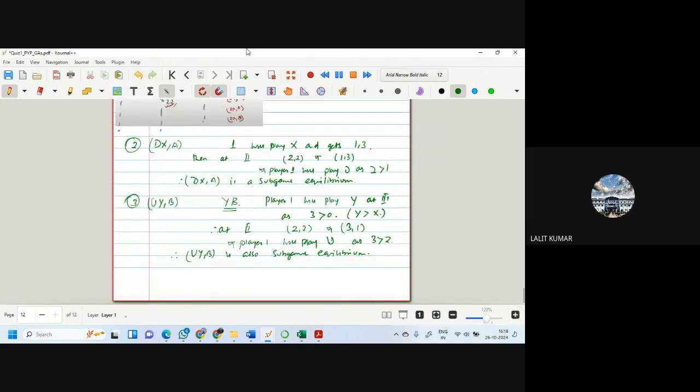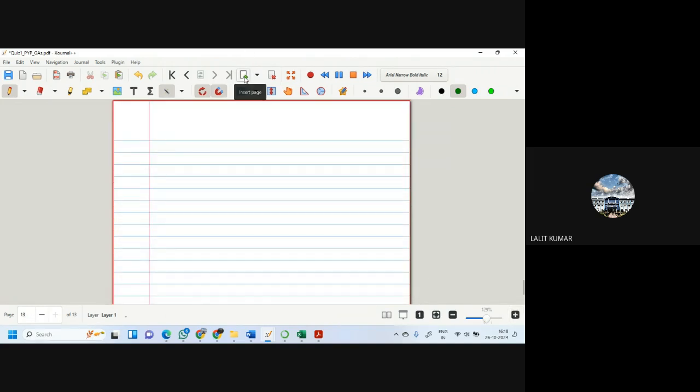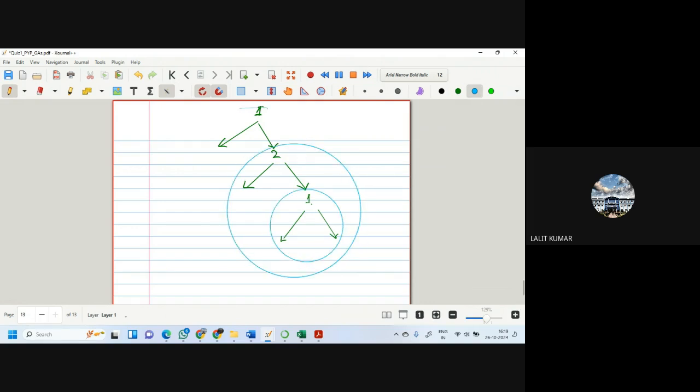See, for example, if there is a game, player one takes some step, he goes here. Then player two takes some step here, and then one takes a step here. So in this, the number of sub games are: first sub game, second sub game, and third sub game.